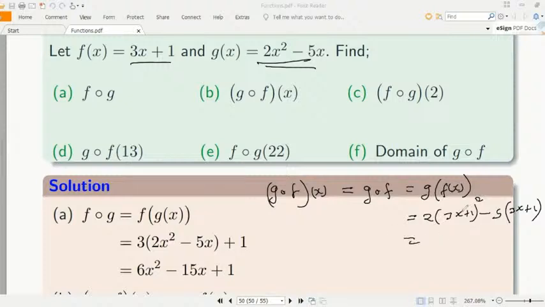And you know how to expand this. This will be 2 into 9x squared plus 6x plus 1, then minus 15x minus 1. And you can simplify this.